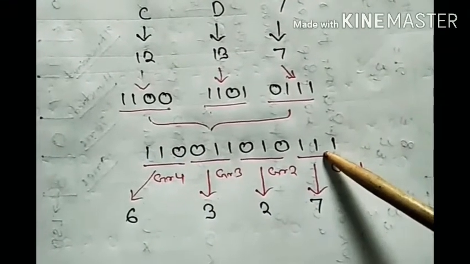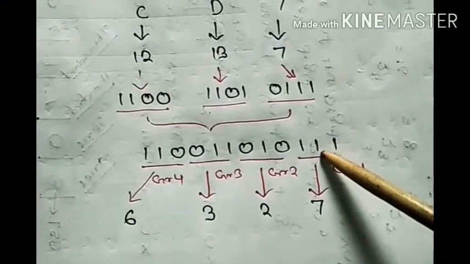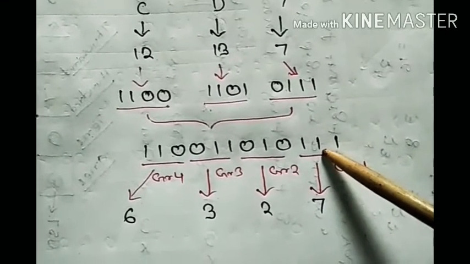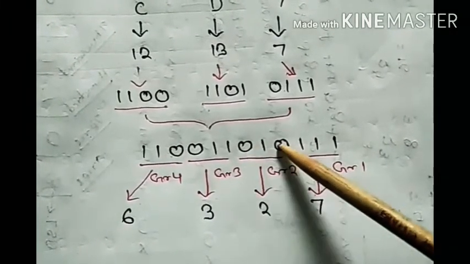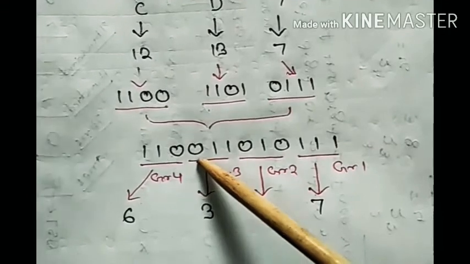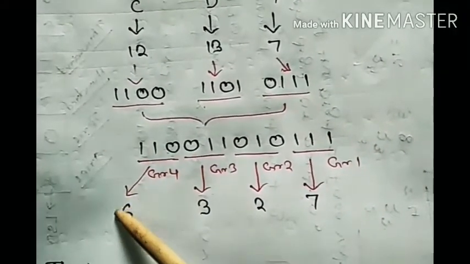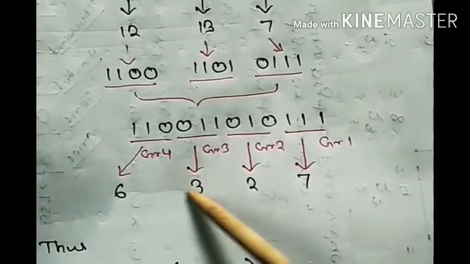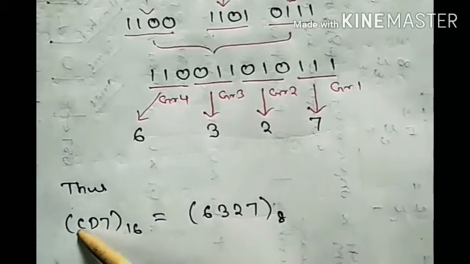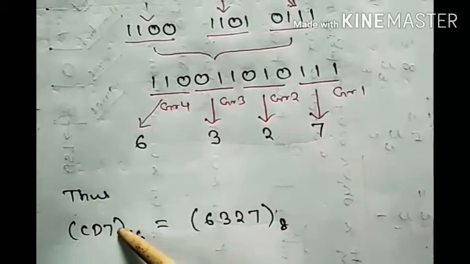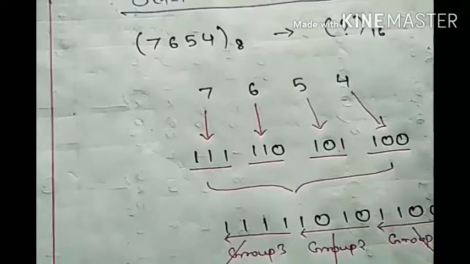Now we will convert each group of binary digits into the equivalent decimal number. 111 means decimal 7, 010 means decimal 2, 011 means decimal 3, 110 means decimal 6. So we combine this together and we get 6327. Thus the hexadecimal number CD7 is equal to 6327 in octal.